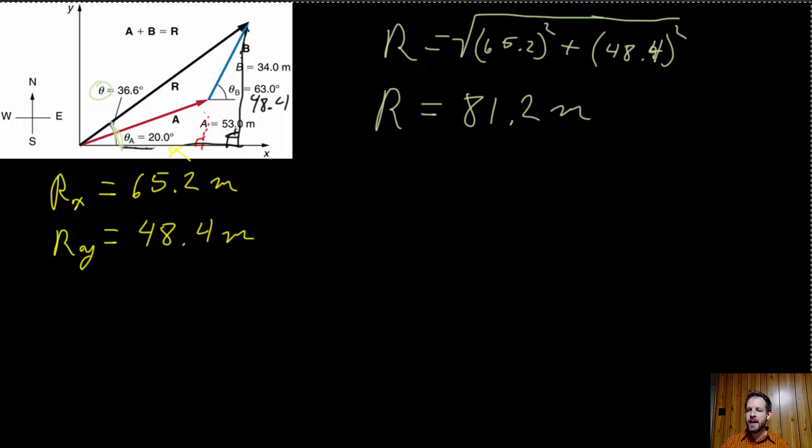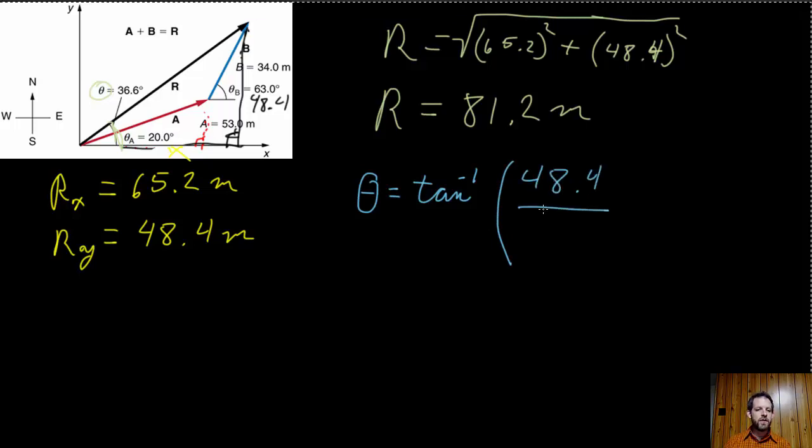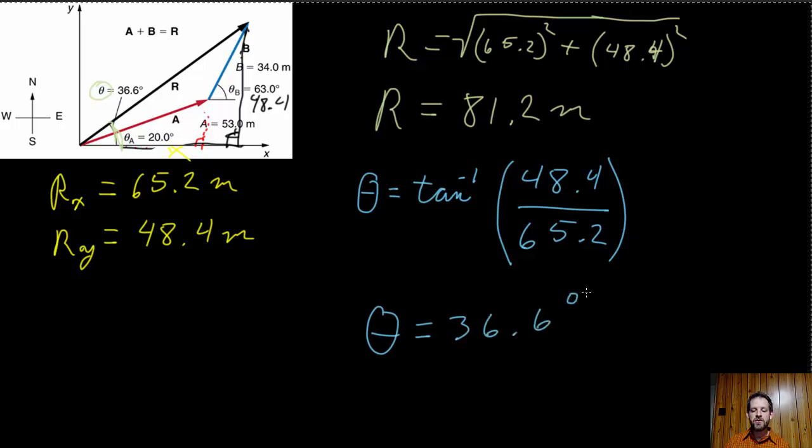So in order to find theta, we take the inverse tangent. Remember, we write that as tan -1, inverse tangent of the opposite, which would be 48 and 4/10, over the adjacent, which would be 65 and 2/10, right? So when you plug that in your calculator, you should be able to verify that theta, in fact, does equal 36 and 6/10 of a degree.